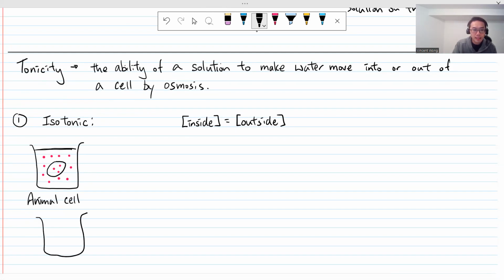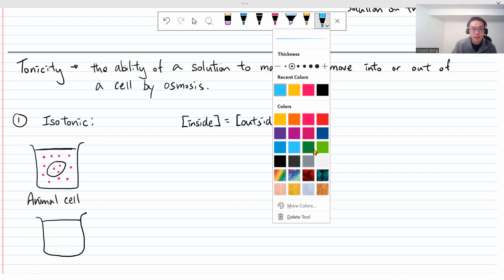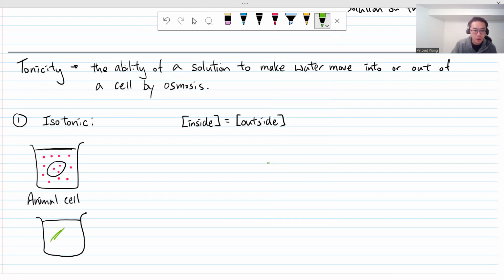I will draw a plant cell as well. Plant cell, of course, has a cell wall. I'm not drawing the nucleus because it would be too much stuff.